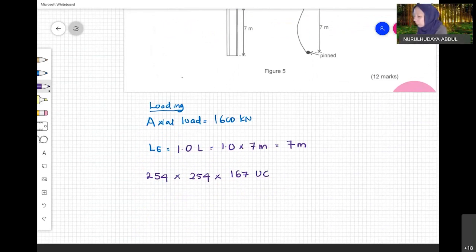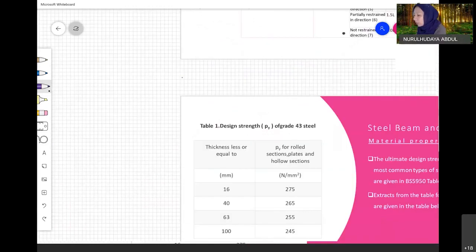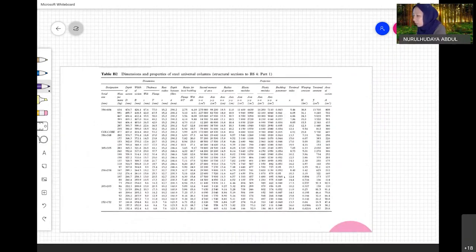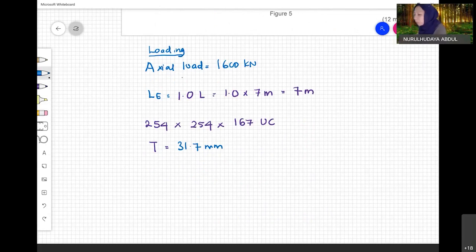From this table, we check its T, because we want to know what its Py is. To check for T, you can simply look at the section properties table. I provided it, so you can look at the one in A4 size, the bigger one. I highlighted it, so this is the one. We need the value of T, 31.7. The value of T, the flange thickness, is 31.7. So what does this 31.7 mean?